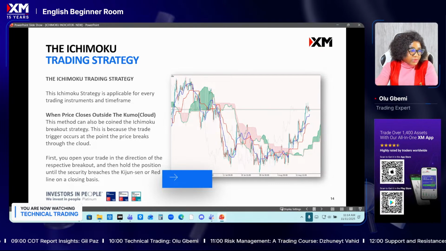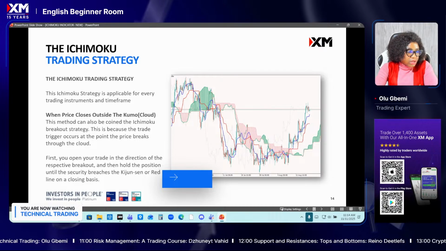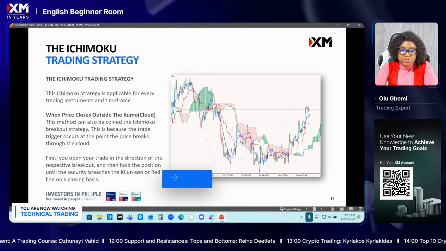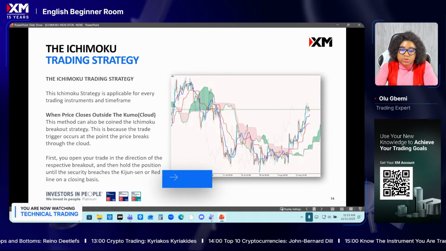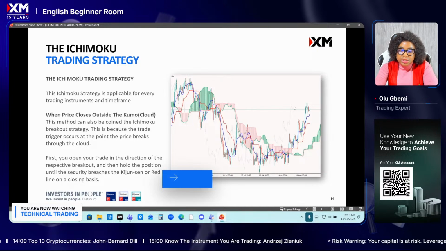So when the price breaks through the cloud, that gives you the idea of an opportunity to go ahead and do a trade. So the first thing you want to do is open a trade in the direction of the respective breakout, and then you hold the position until the security breaches the conversion line, the baseline, or the red line in the case of my chart.